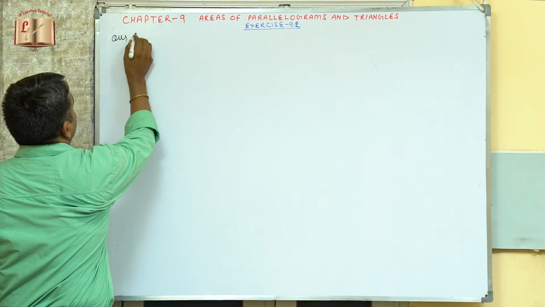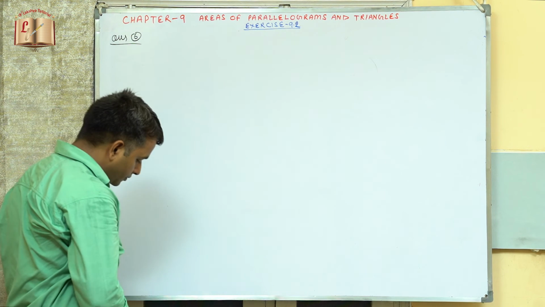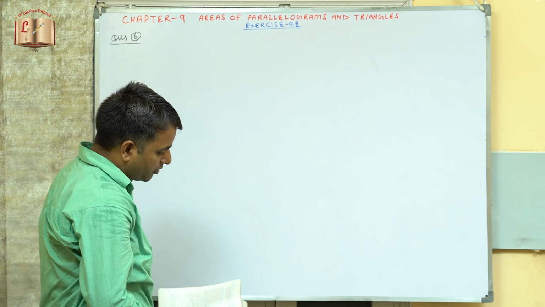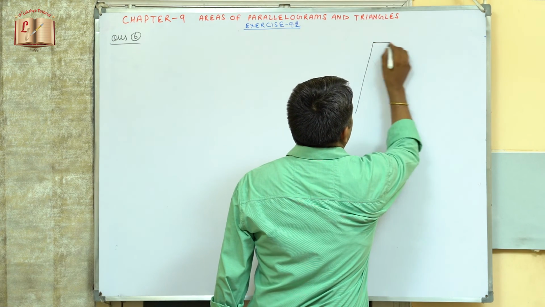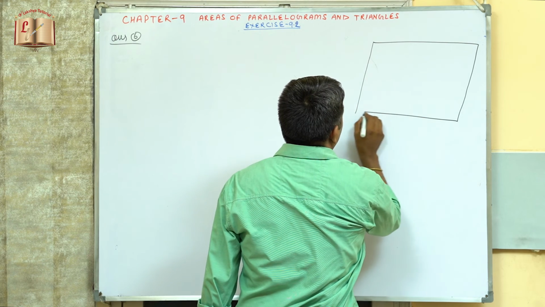So now coming to question number 6. A farmer was having a field in the form of the parallelogram PQRS. So this is the field in the form of PQRS.